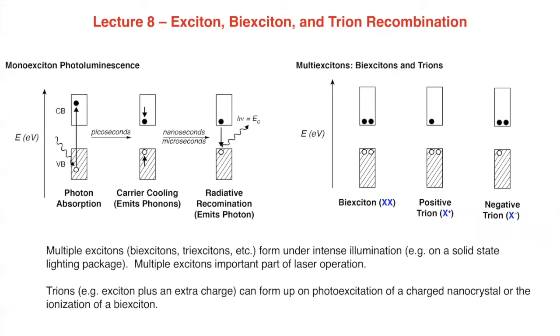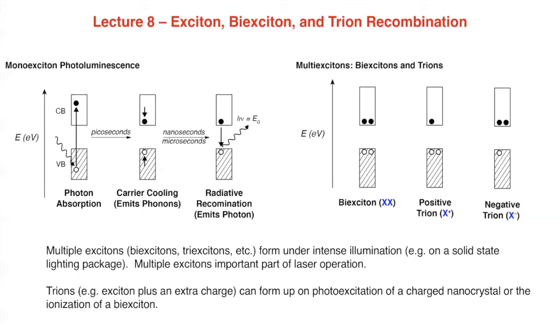But anyway, so you excite the valence band electrons up into the conduction band, and the excess energy of the photon beyond the band gap is lost in a few picoseconds as the electron and the hole cool down to the band edges. And then you get this electron hole pair and that sort of has a minimum energy.